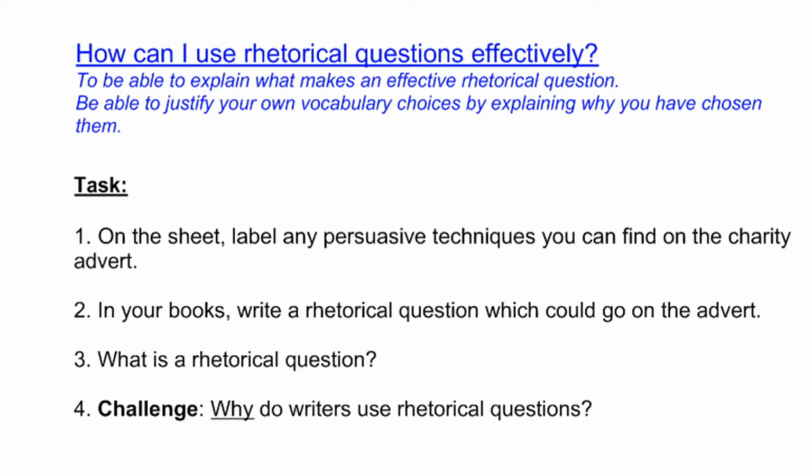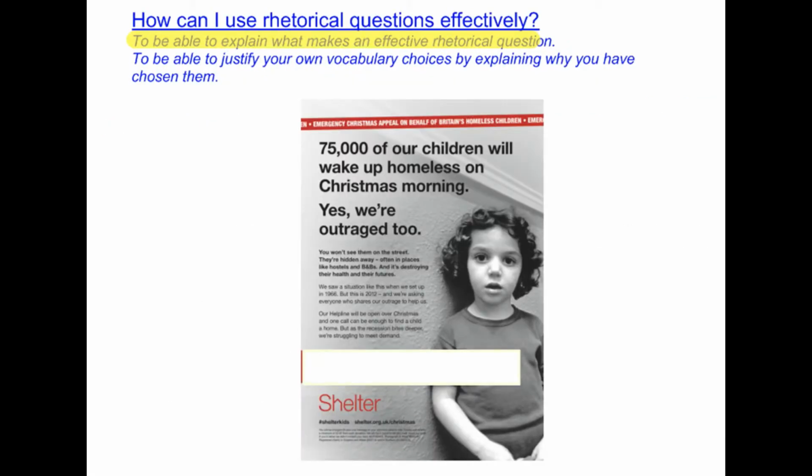Now, on a sheet, I want you to write down all the persuasive devices or techniques that you know. We're going to be looking at a charity advert, and I want you to go through the charity advert and annotate any persuasive techniques that you know and that you have used in the past.